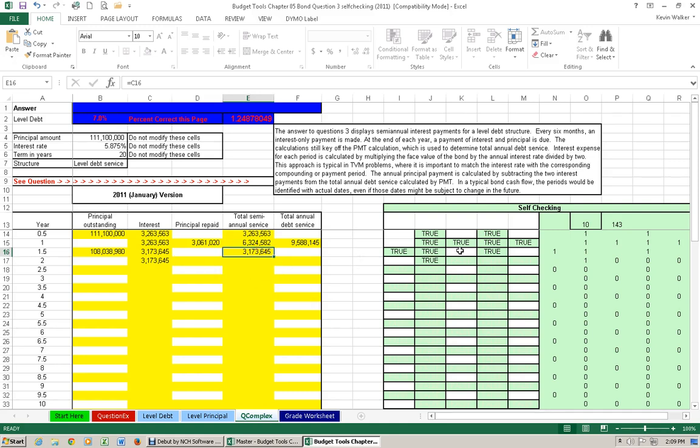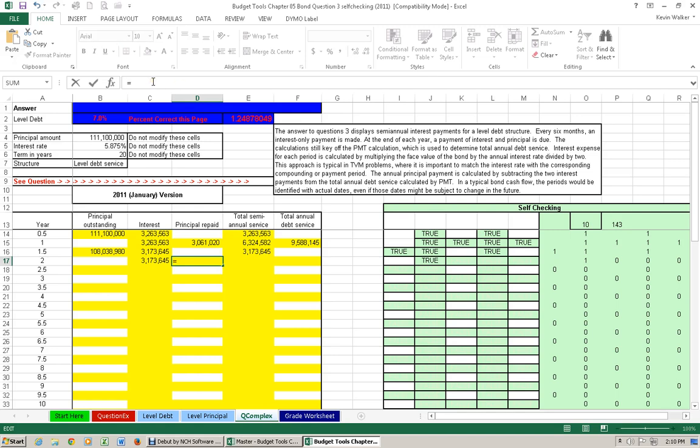All right, and you see that's true. All right, principal repaid, just like this. Instead of F15 minus C14 minus C15, it's just going to increment by 1. In this case, or actually by 2 because you're skipping 2 lines.